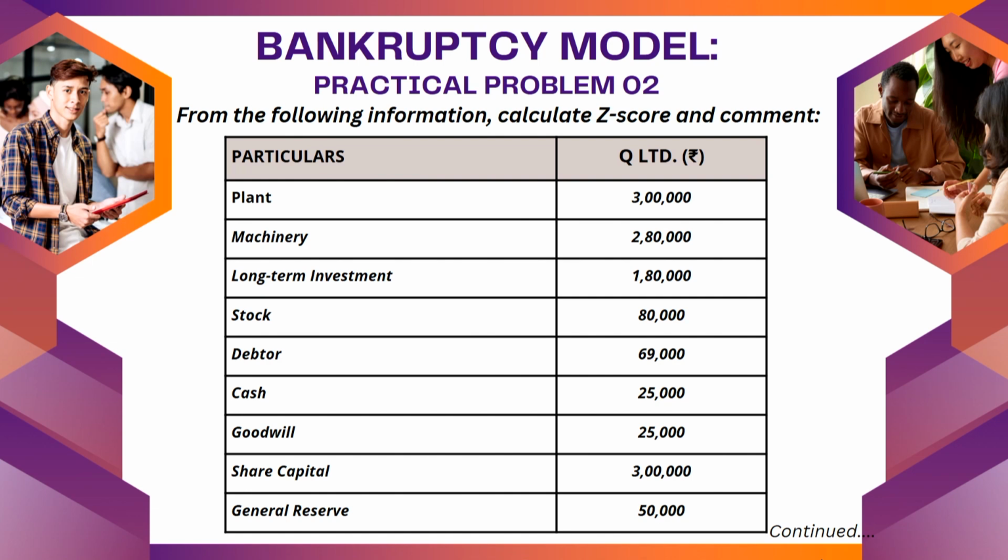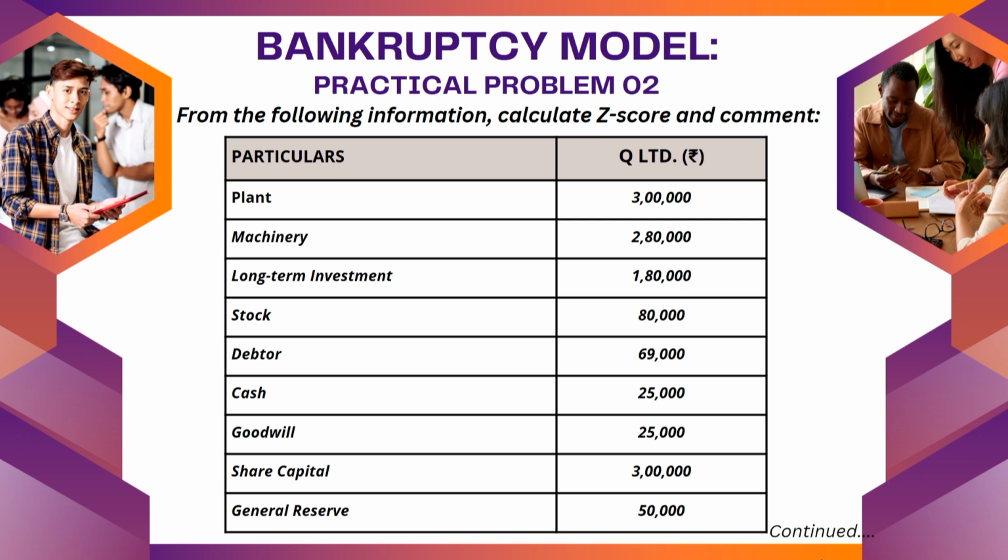Moving to question number 2 on the bankruptcy model using the Altman Z model: from the following information, calculate again the Z score, and we have to comment on the same. The different informations are provided.